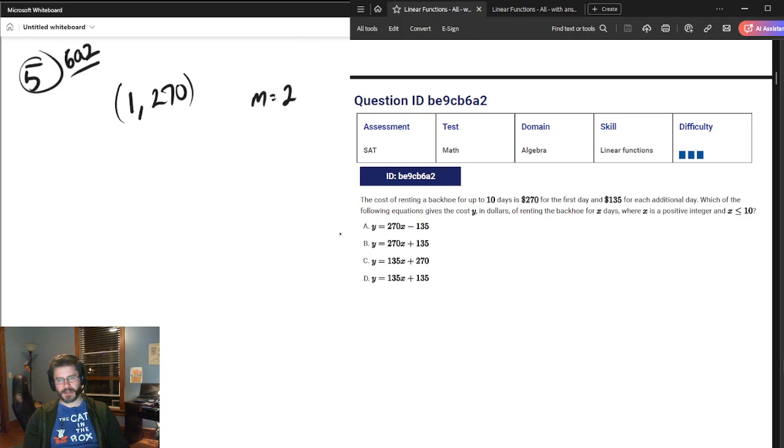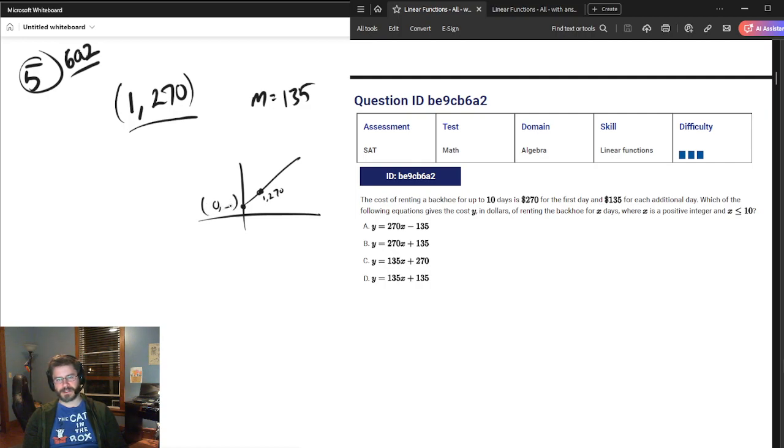How do I erase? Get my eraser. There we go. 135. Which of the following gives the cost? So we know the slope is 135, so it's either C or D. It's tempting to choose C, but remember the thing that we talked about earlier is that if the coordinate point 1, 270 is already on the line out here, then this point right here is 0, something.